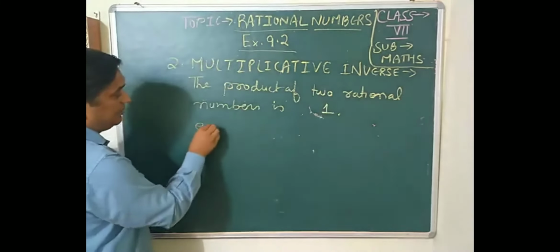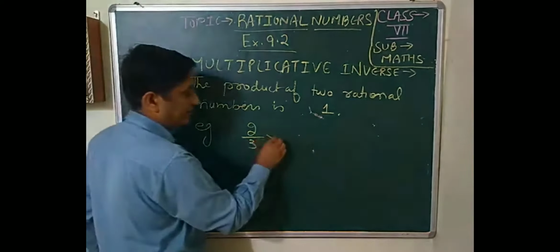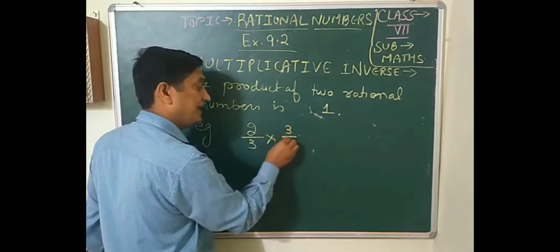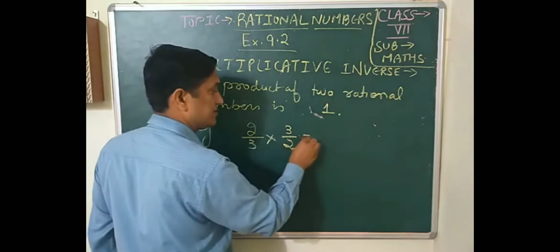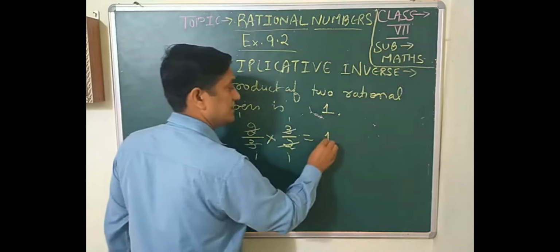For example, this is 2 upon 3, and if we multiply it by 3 upon 2, the answer is: 2 ones are 2, 3 ones are 3, so the answer is 1.